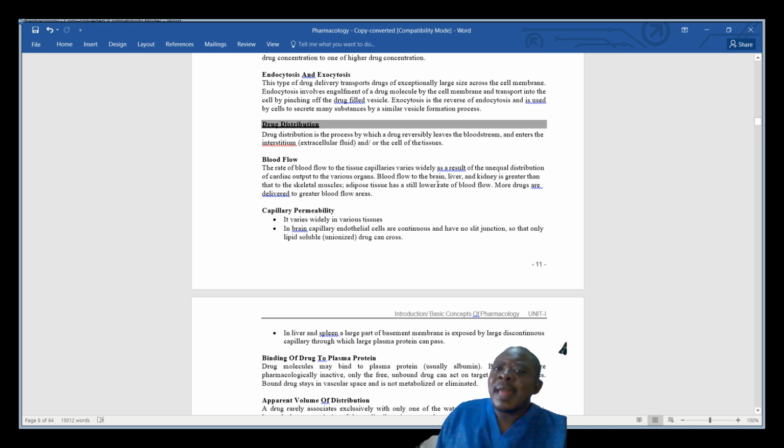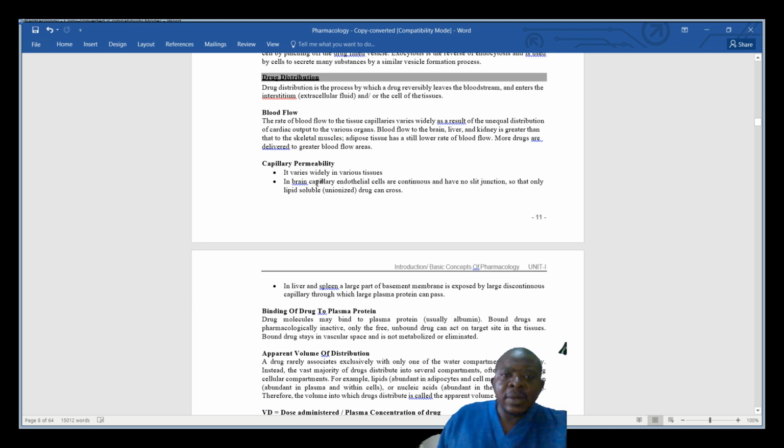So where there is more blood flow, you expect more of the drug to be distributed there, because the blood is carrying the drug. So more of the drug will go there.